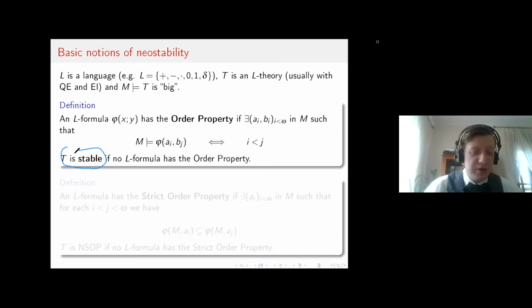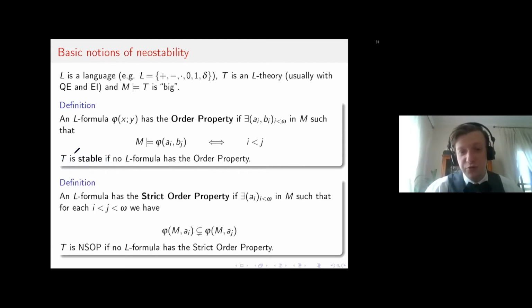I told you that algebraic model theory takes place in NSOP, so we need to know what the strict order property is. A formula has the strict order property if you have a sequence such that it defines this kind of inclusion. The set of all tuples from the model which satisfy phi(x, a_i), and here you have a proper inclusion.